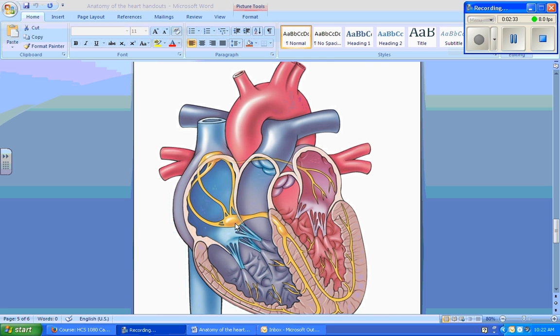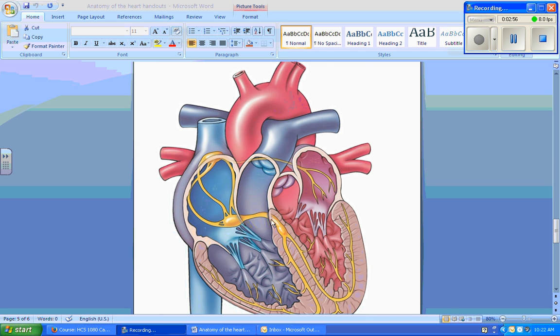This is, for all intents and purposes, a little bit of a yield sign. It holds up that electrical signal and allows the atrium to fully contract, both left and right, to squish their full contents down into the ventricles, and then it sends that signal down through what's called the bundle of His. And that bundle of His is in the interventricular septum.